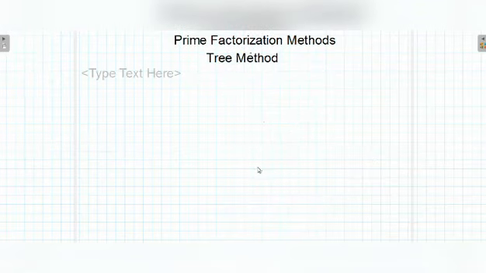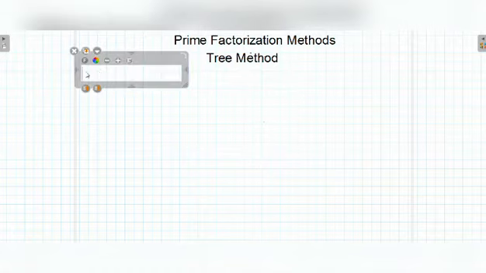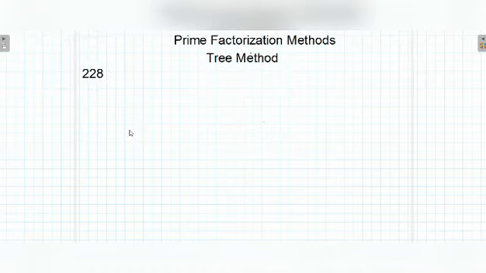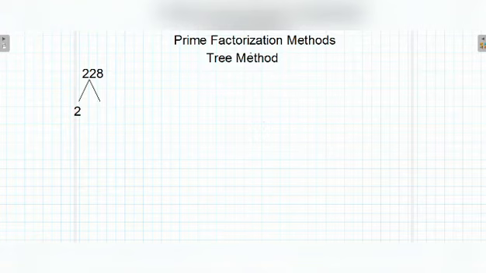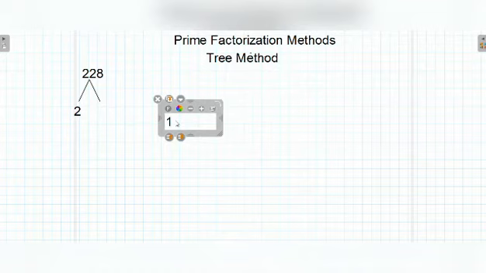Okay, now let's try to take bigger numbers by using the tree method. I will try to take the number 228, and 228 has the two multiplication numbers: the first number is 2 and the second number is 114.